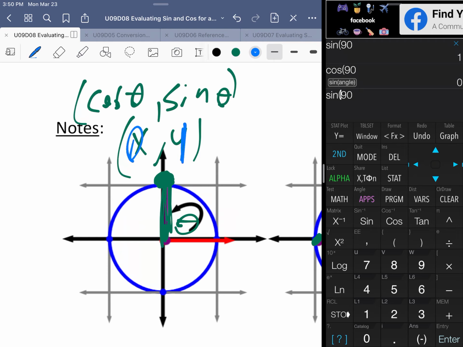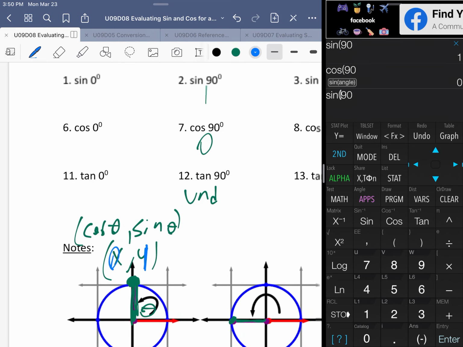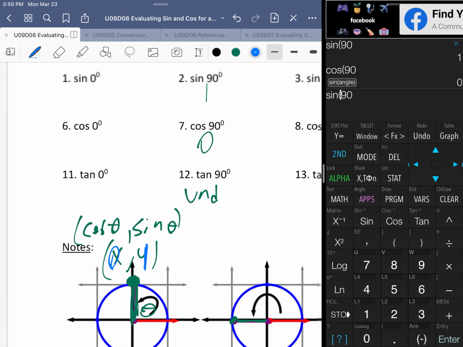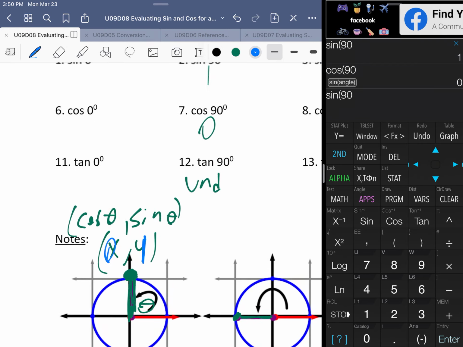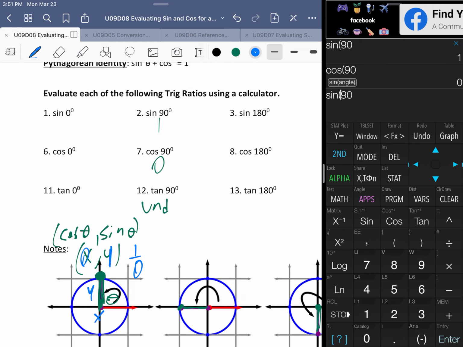So the cosine of 90 is 0, the sine of 90 is 1, and tangent is undefined because, as we said before, tangent is y over x, and the x value is 0 in this case. So it's 1 divided by 0, which is undefined. Therefore, tangent of 90 is undefined.